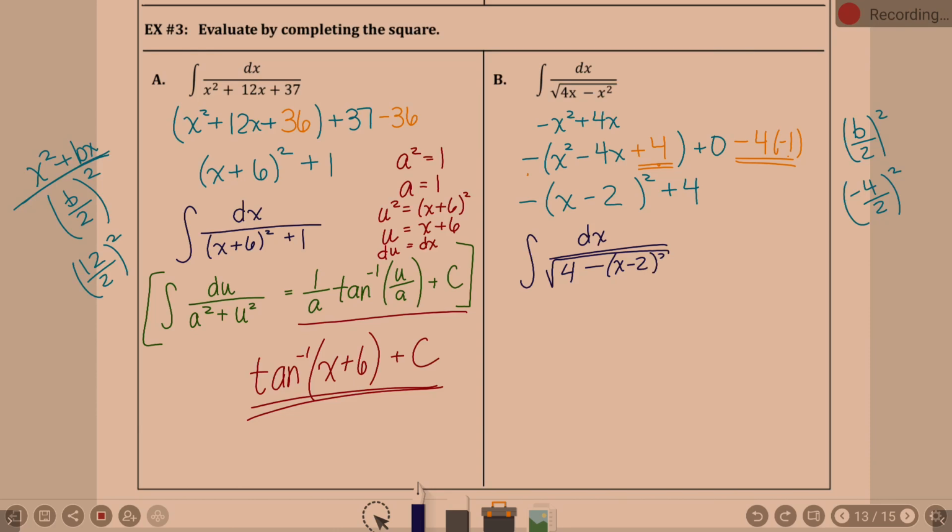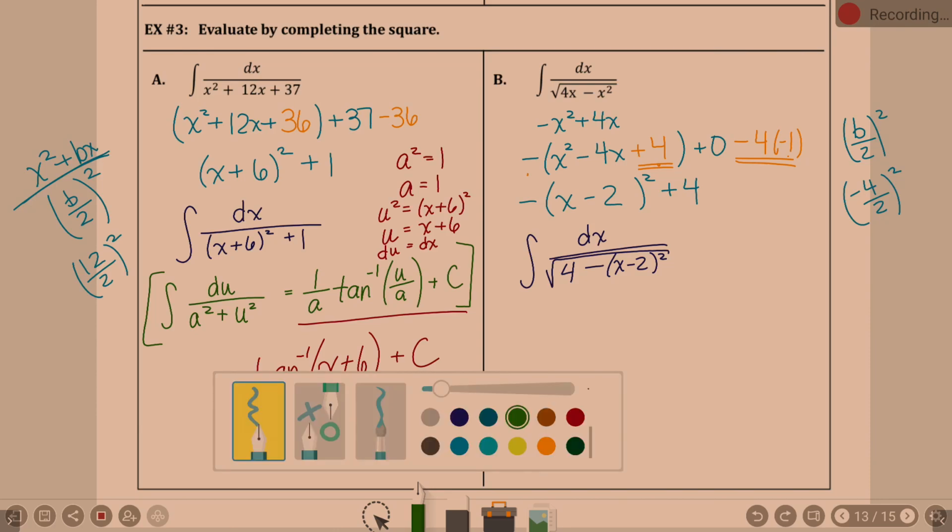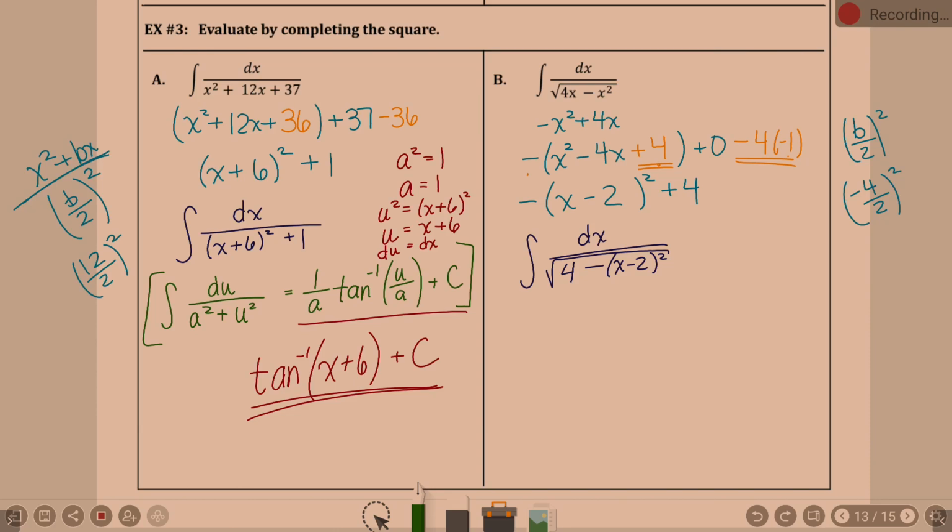Well, this is going to fit a certain form now. It's not a tan inverse, because tan inverse is like 1 plus x squared in the denominator. Sine inverse is a square root of 1 minus x squared. And this is the fancy version.